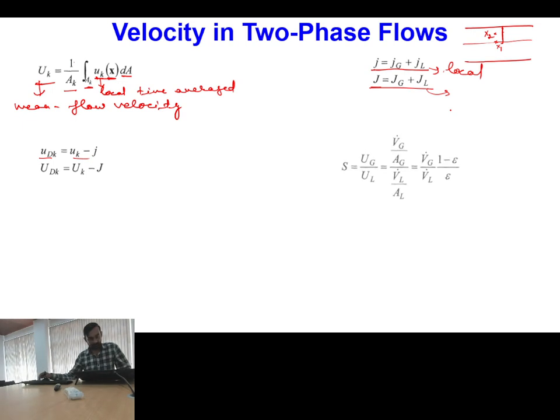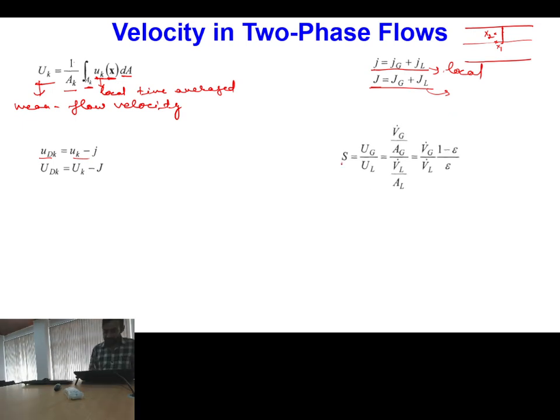Okay, then another important parameter in multi-phase flows is called the velocity ratio or slip ratio. How slip ratio is associated with void fraction is shown over here.